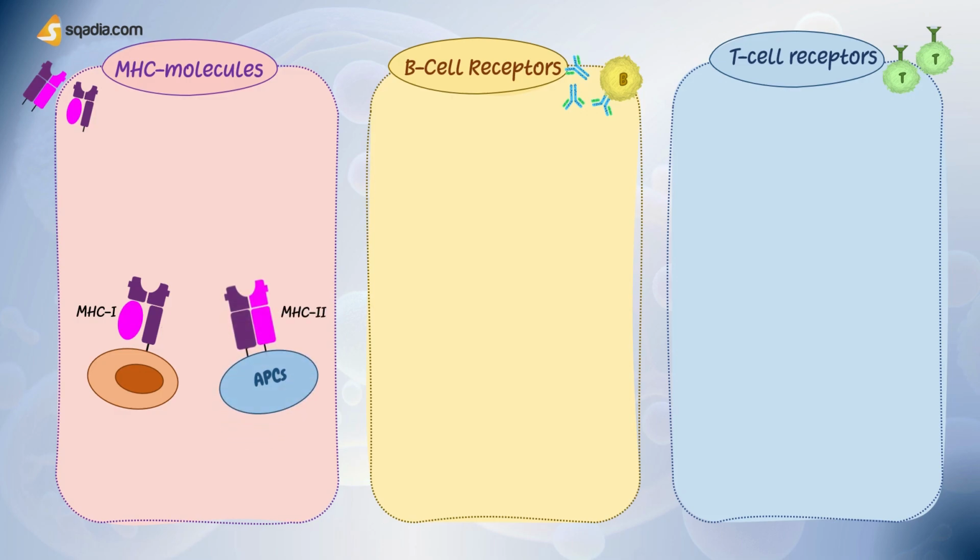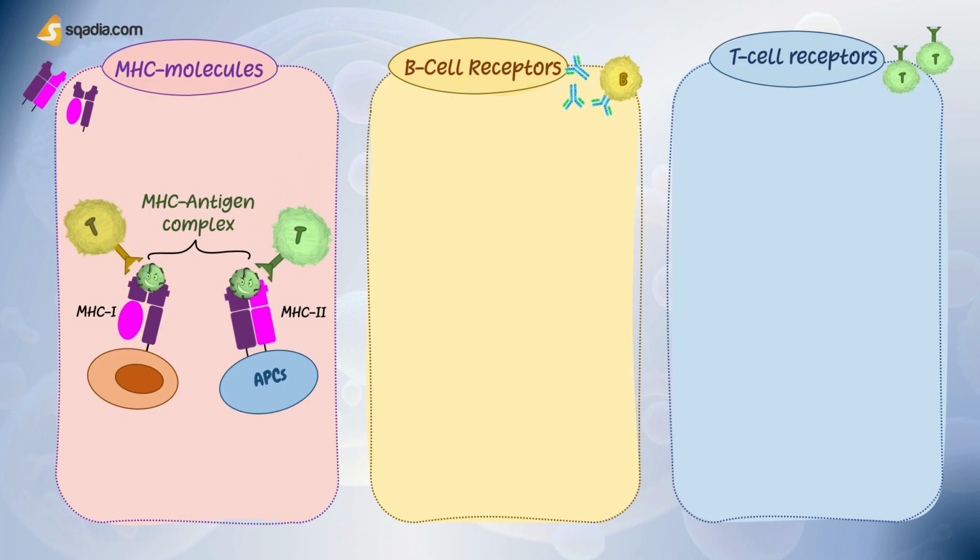These MHC molecules make a bond with the epitope of exogenous and endogenous antigen on their binding groove, and ultimately make an MHC antigen complex. And then this complex is presented to the particular subsets of T cells for further action against them.